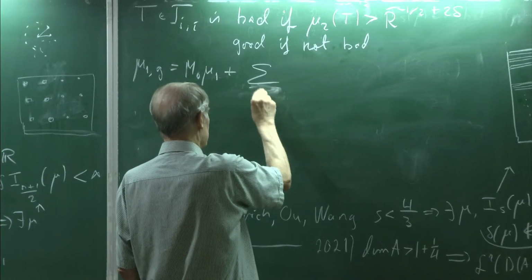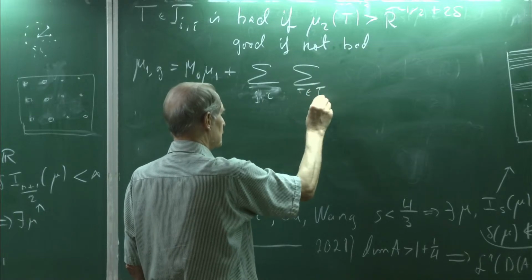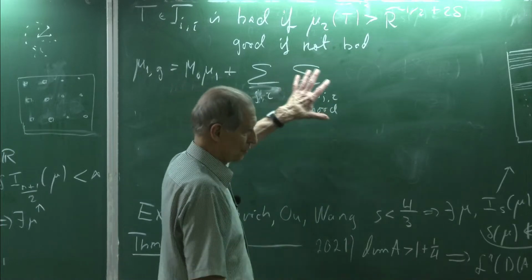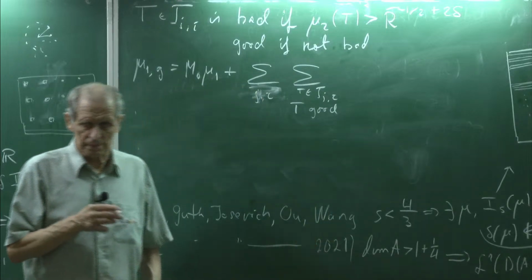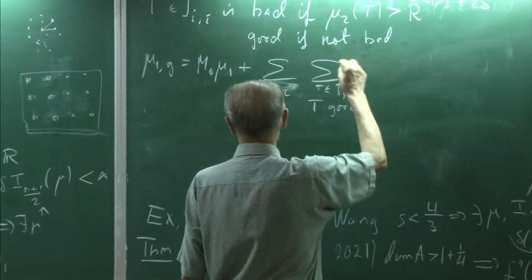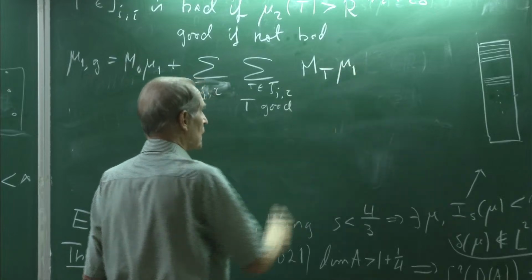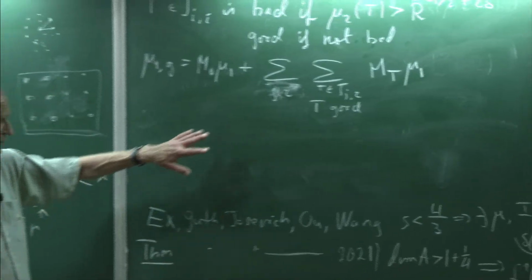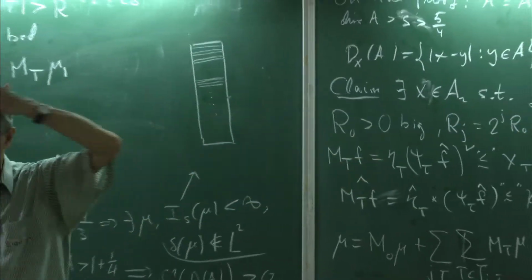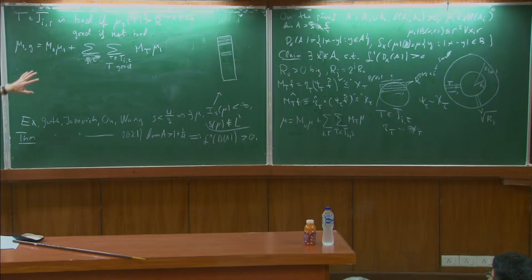Or maybe I write it j, tau, and then sum over t in t, j, tau, but t is good. So I only sum over those rectangles which don't have too much measure. And in this way I form this new measure. So now this is a smooth function because I have used here these smooth functions to define it. But it's not even real necessarily, it's a complex function. So if you think about it as a measure, it's a complex measure.